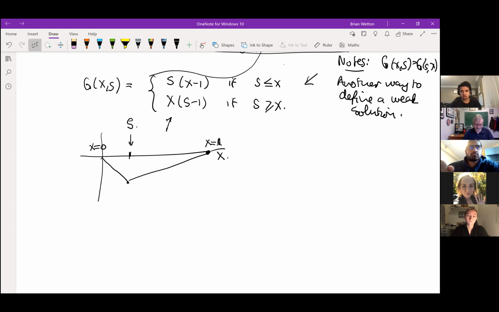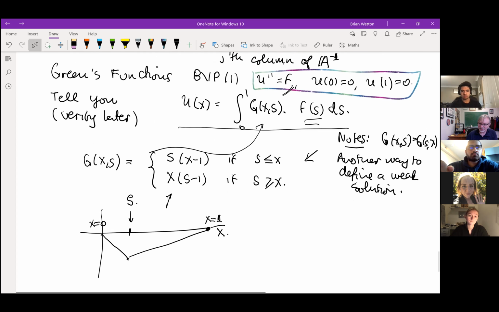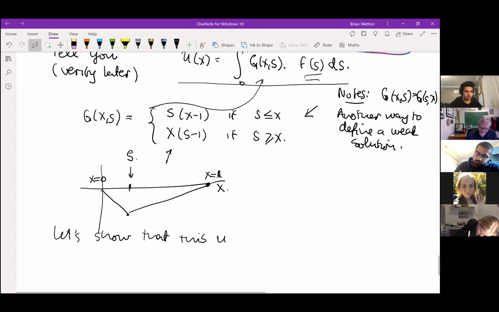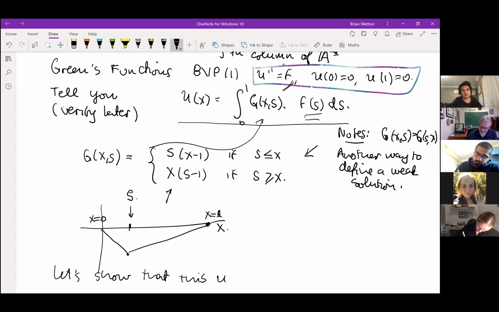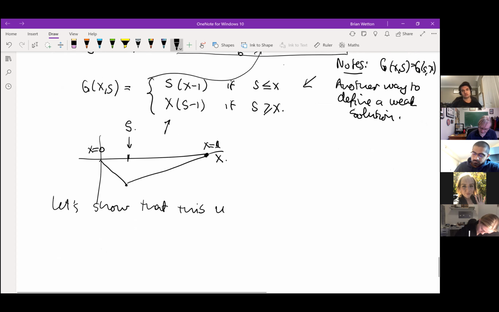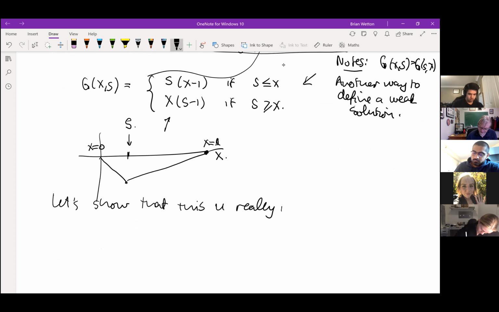Okay, so I say that that's the solution, and I told you I would verify it later. Let's do that. Let's show that this u, that's this thing here, really is a solution to the boundary value problem.